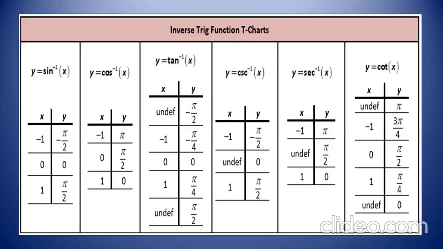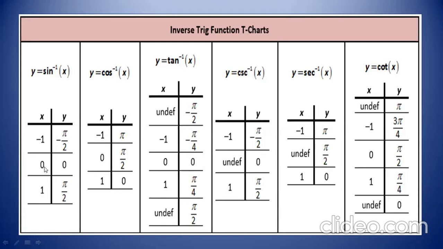So now we can easily say the domain and range of the inverse trigonometric functions by this chart, and we can easily learn them from this chart. Here x represents the domain value and y represents the range. If we take the values -1, 0 and 1, we can easily locate: sine pi by 2 is 1, sine of -pi by 2 is -1, and sine 0 degree is 0.